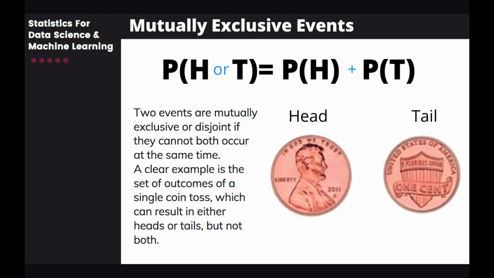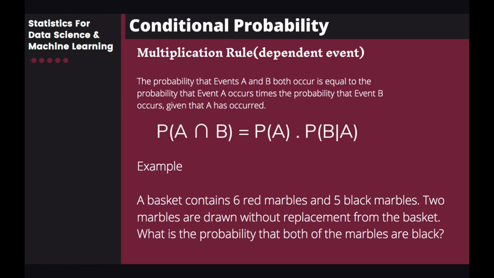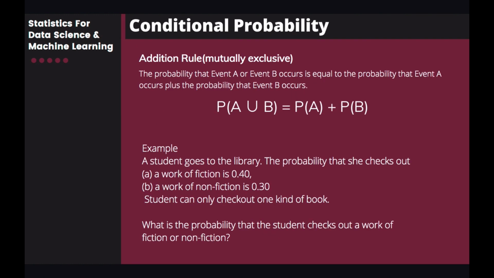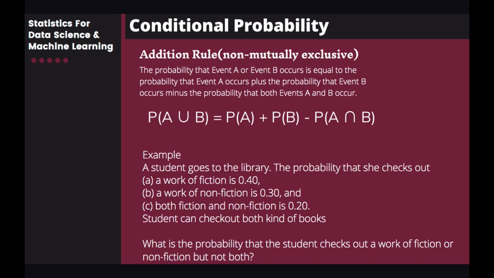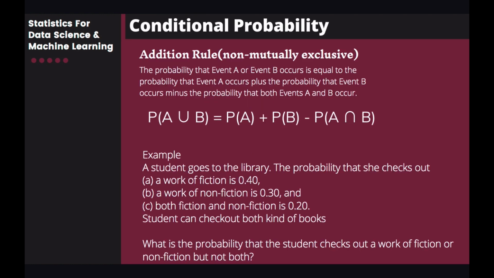And then mutually exclusive events, some examples over here, independent, and then multiplication rules and dependent events, conditional probability, which we're going to base on to talk about one more important concept, which is Bayes theorem, right? Bayes theorem is going to be based on the conditional probability. It's an extension of that. All right.